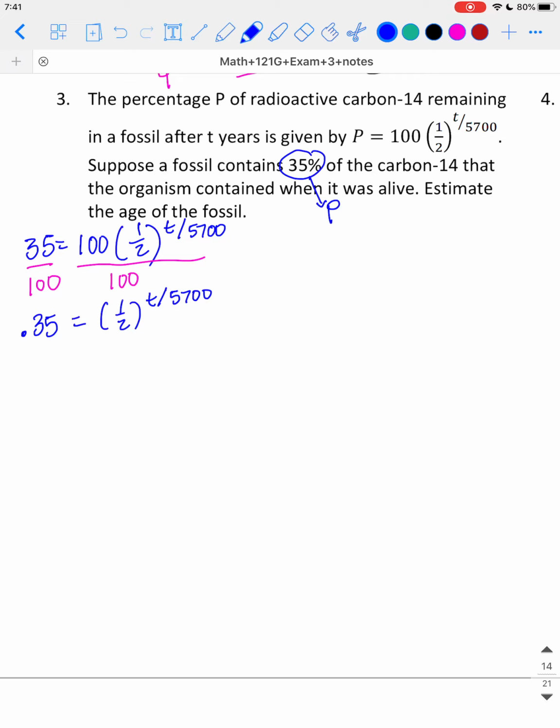Okay, so my variable is in the exponent. I need to get rid of the exponent, so I'm going to take the log. What log am I going to take? I'm going to take the log of whatever base I'm given. So this is the base that I was given. So I'm going to take the log base 1/2 of both sides.